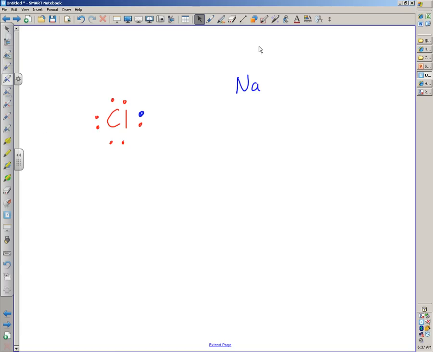Sodium, 8 valence electrons, they're in the previous level. It's happy, but in this process, chlorine has become a negative anion. Sodium has become a positive cation, and they're attracted to one another, ionic bond. We've discussed that. But let's say there is no sodium around.